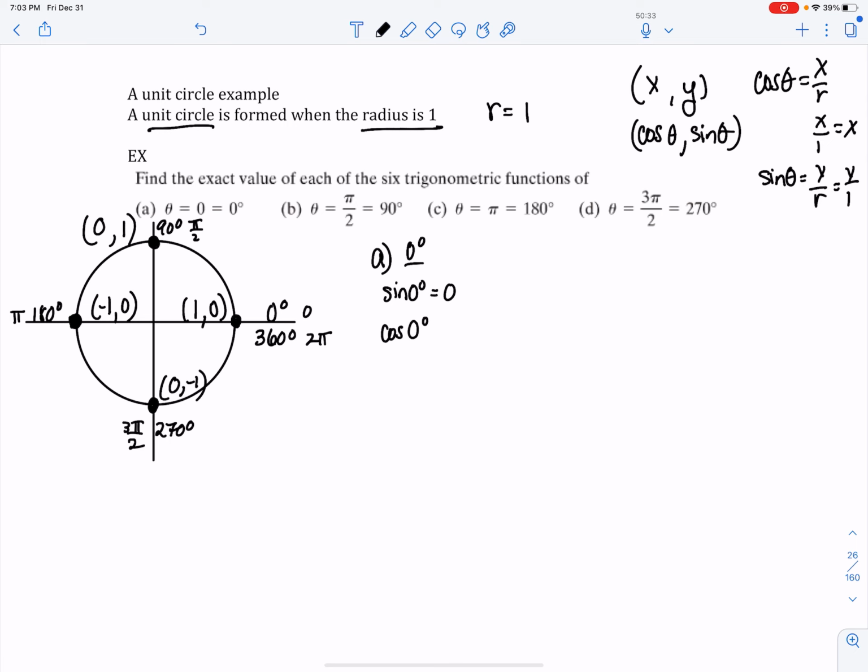Then I have to find cosine at 0 degrees. Cosine, remember, corresponds with the x coordinate, so cosine's 1. Tangent at 0 degrees, remember tangent is sine over cosine, or y over x. So my y value is 0, my x value is 1, so 0 over 1 is 0.